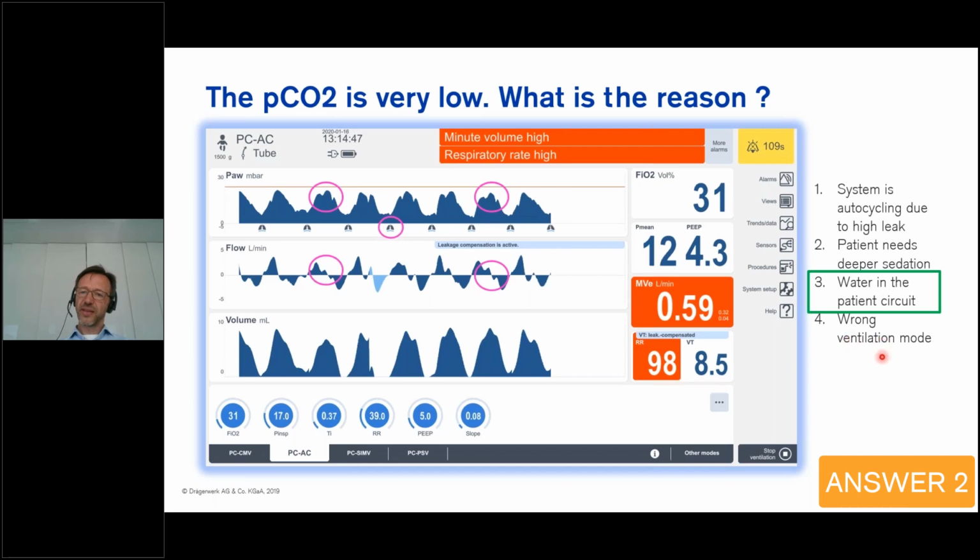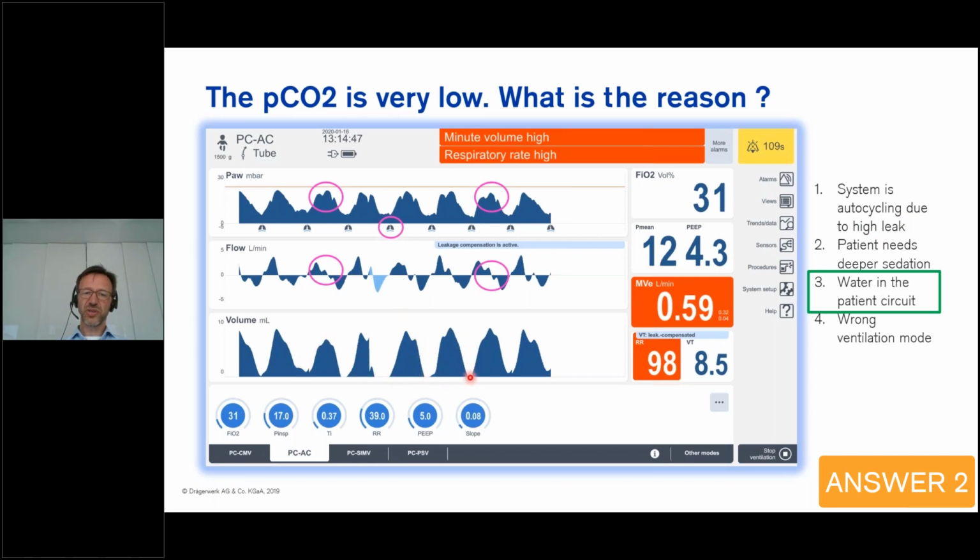Okay, why are the other answers wrong? If it's not the patient, you could sedate the patient more, but this will not change the situation here because it's not the patient who is triggering the ventilator. And the system is also not auto-cycling because there is not really a big leak. We can see this here from the volume curves.